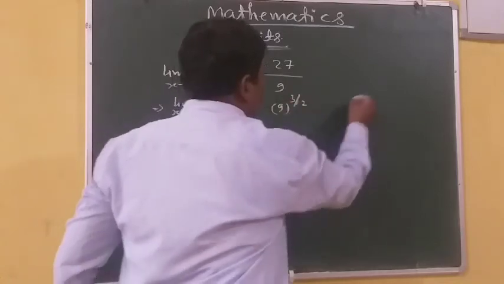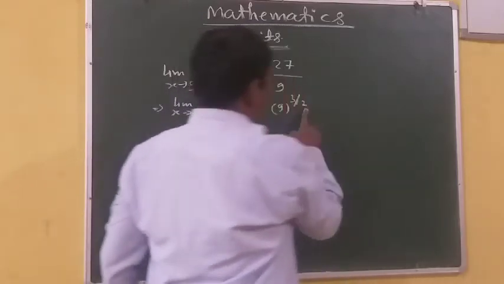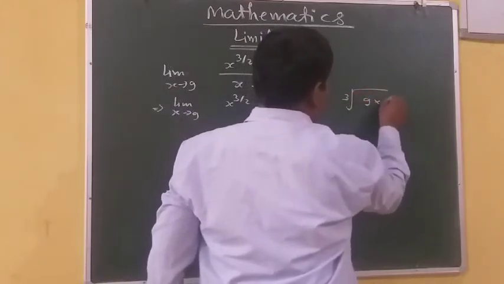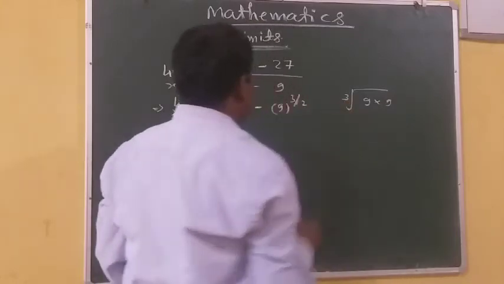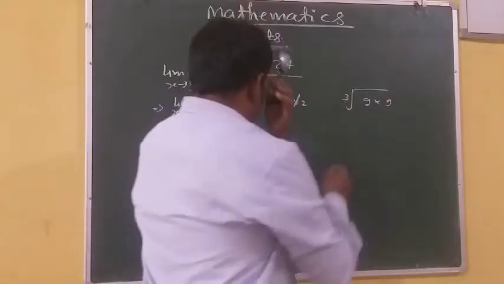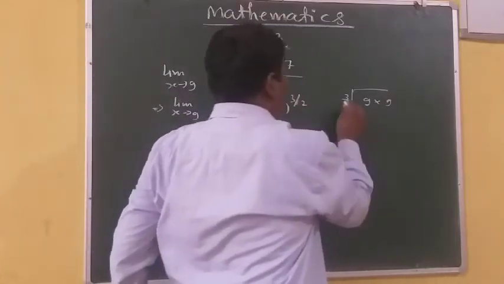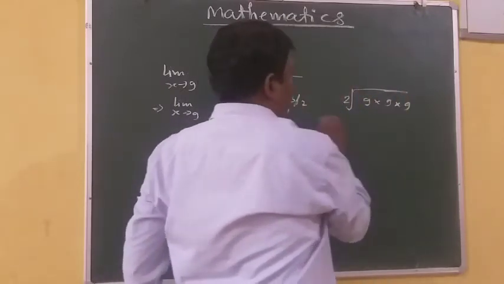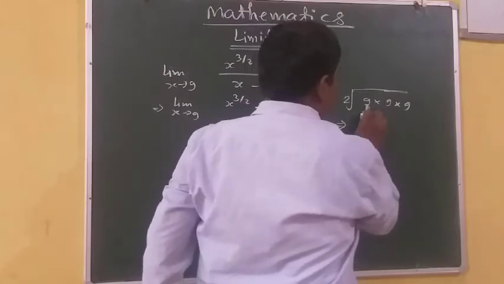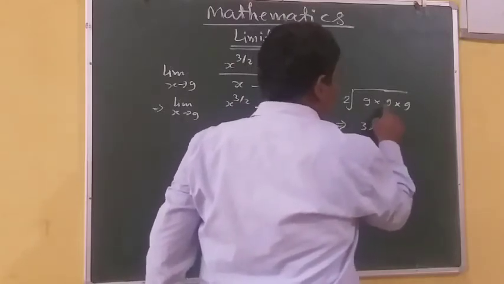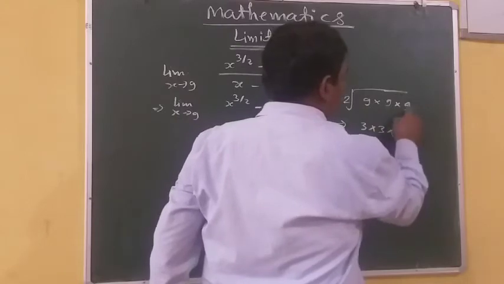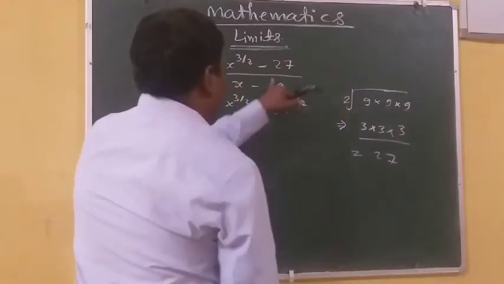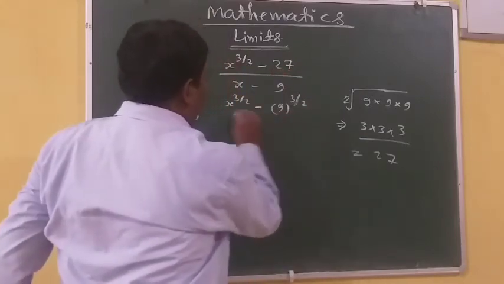Think: 9 power 3 by 2 means the square root of 9, into 9 into 9, that is, the square root of 9 cubed. The square root of 9 is 3, so each 9 is 3, and the result is 27. That's why you can write this 27 as 9 power 3 by 2.